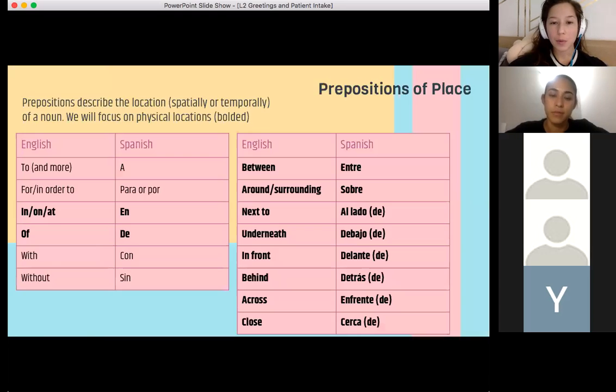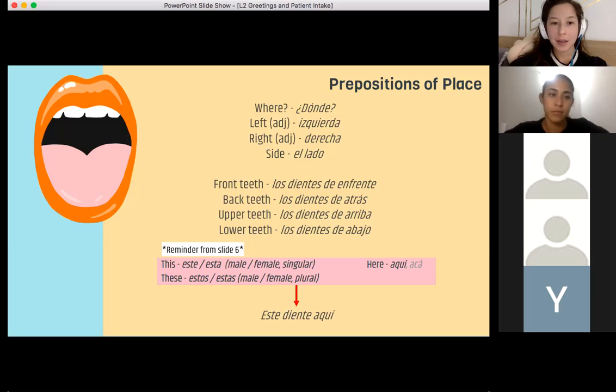And then using our words from the previous slide, there's very similar ways we describe the teeth. So front teeth would be los dientes de enfrente. So the teeth of the front. So de, again, it means of. Back teeth would be los dientes de atrás. Upper teeth would be los dientes de arriba. And lower teeth would be los dientes de abajo.